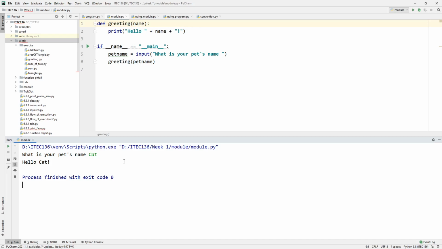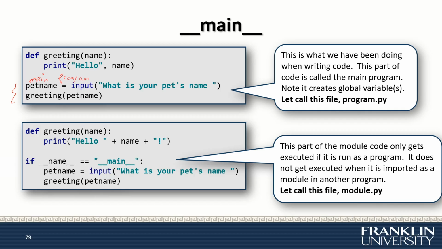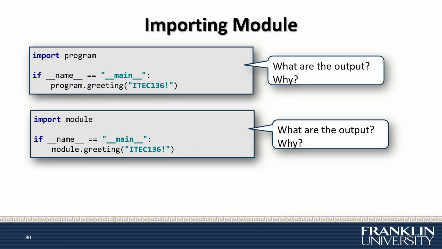So what are the differences? The difference will show when they are imported as a module. As you can see, I call this program.py and I call the second program module.py. When I import the program, now they're going to have a different output.